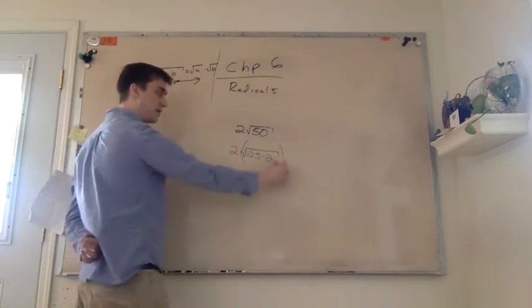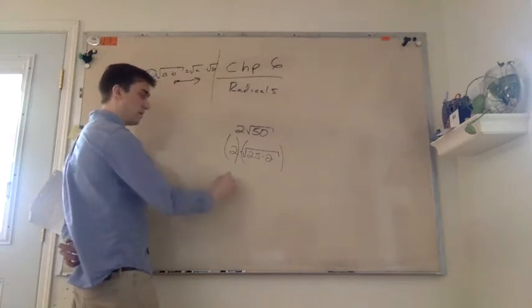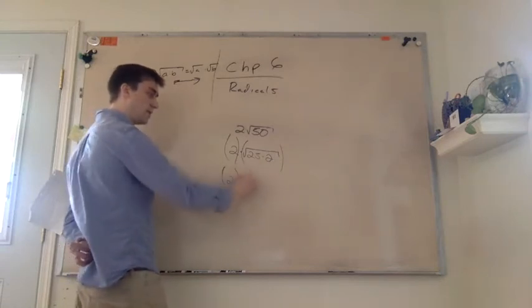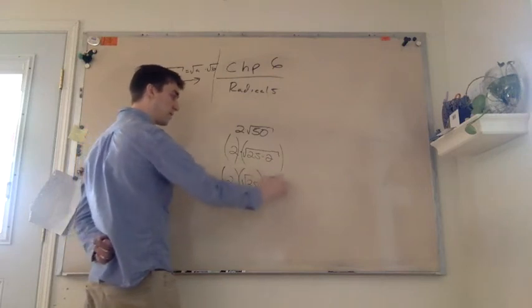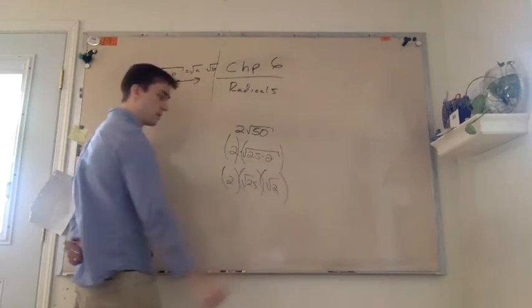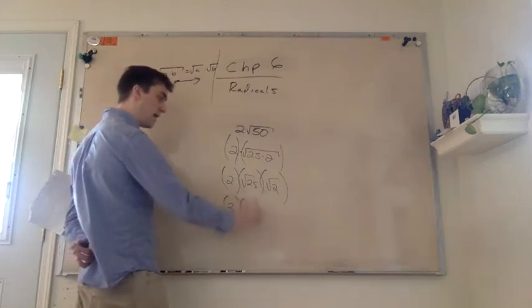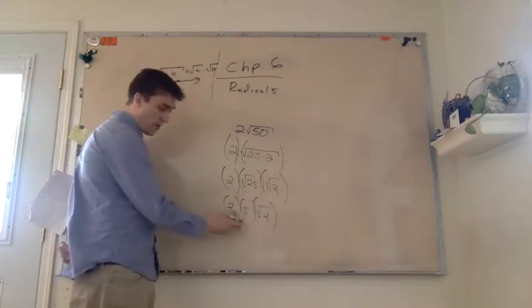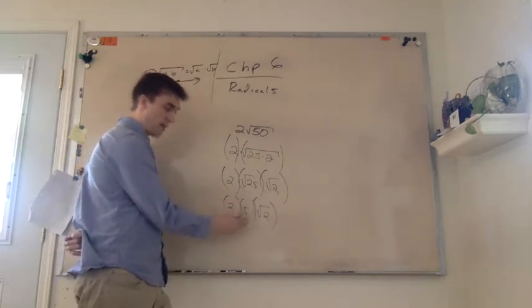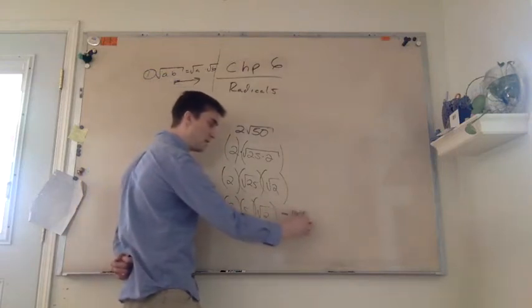I'm just going to write this really explicitly with brackets. The square root of 25 times 2 can be written as the square root of 25 times the square root of 2. And then the square root of 25 is the number 5. So really what you have is 2 multiplied by 5 multiplied by the square root of 2, which is 10 root 2.